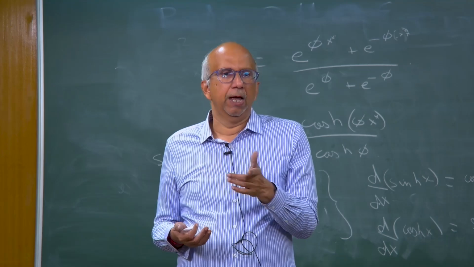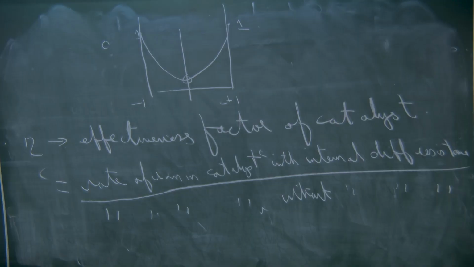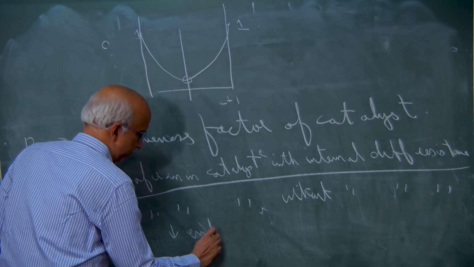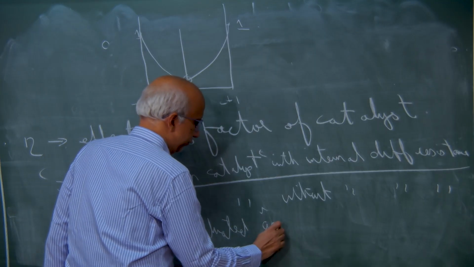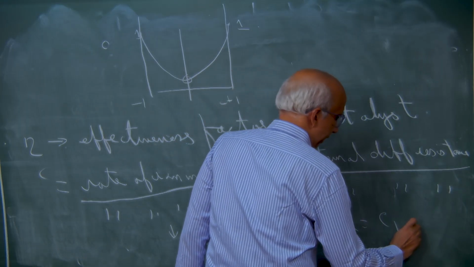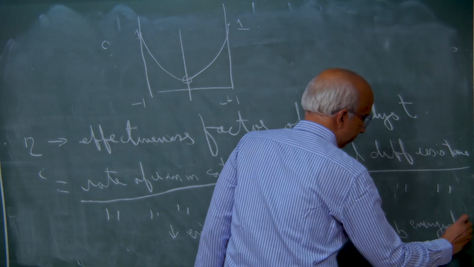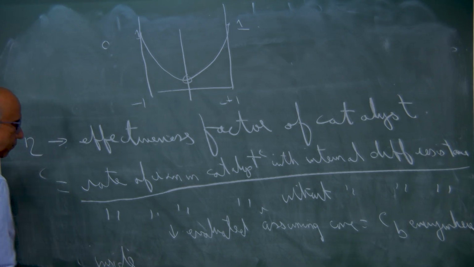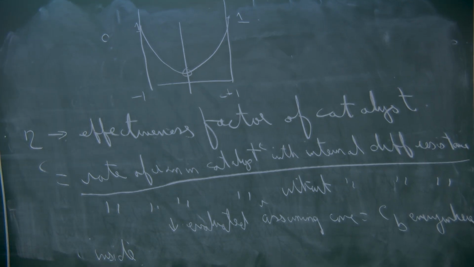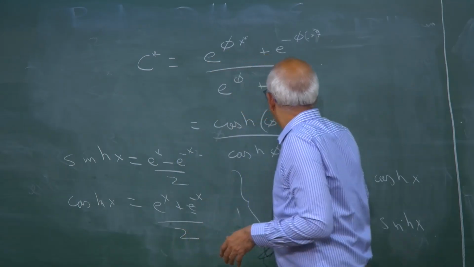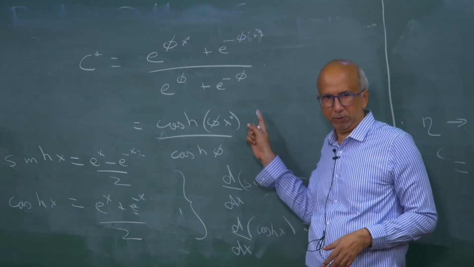That is the denominator, evaluated assuming concentration is equal to C bulk everywhere inside. And the numerator is evaluated with the internal diffusion resistance, which means the actual profile.